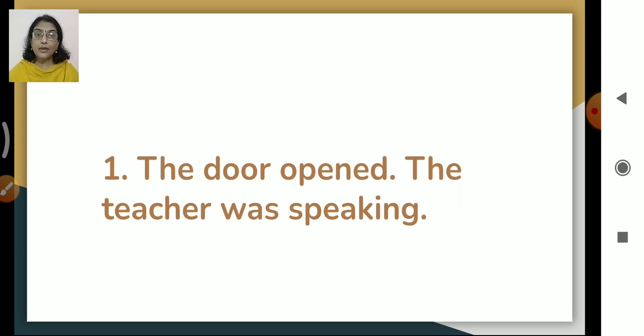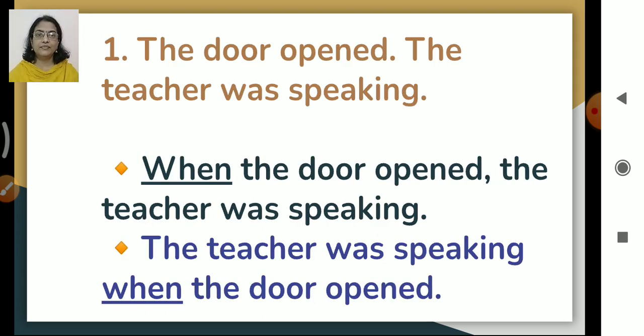Okay, the first one. The door opened. The teacher was speaking. 2 sentences. We have to join it by which word? When, right? So first time in the beginning and second time in the middle of the sentence. So the answer will be when the door opened, the teacher was speaking.